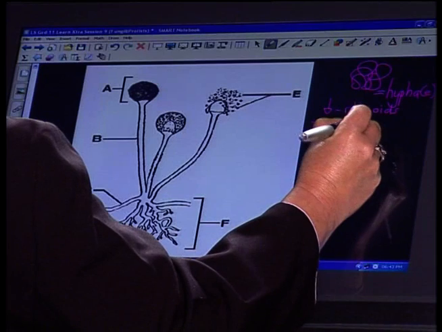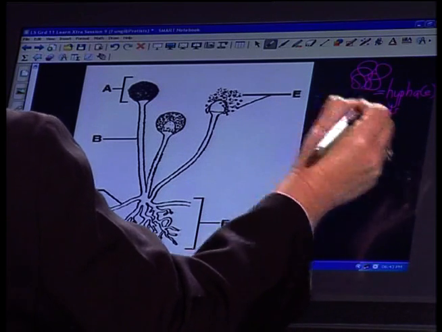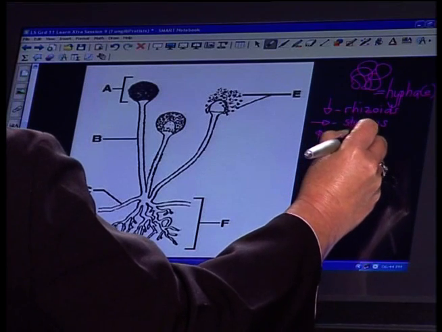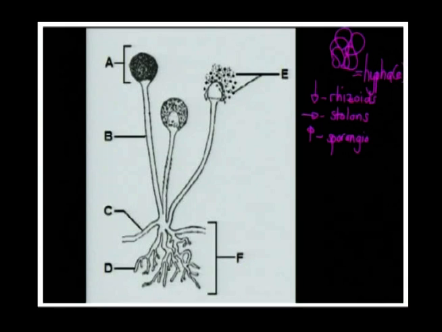The second kind of hypha grows across the surface of the bread, allowing the bread mold to grow further and further over the piece of bread. These ones that grow sideways are called stolons, and they allow the bread mold to spread. The final kind of hypha that will grow is one that grows upwards, and this kind of hypha is called a sporangiophore.